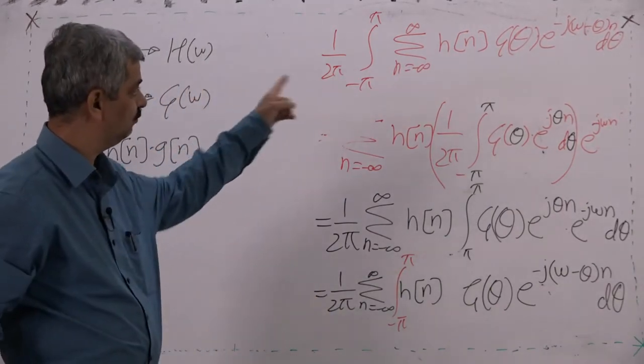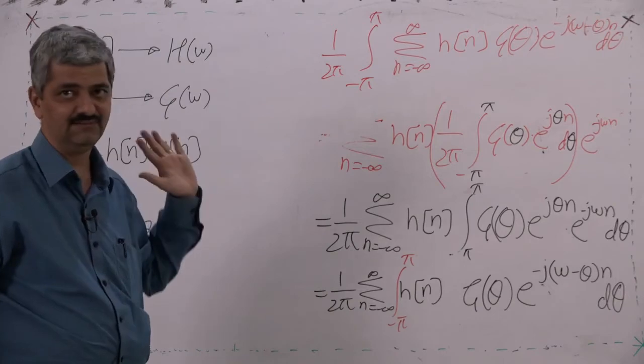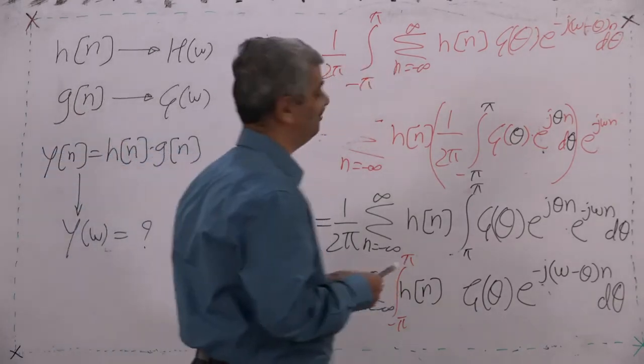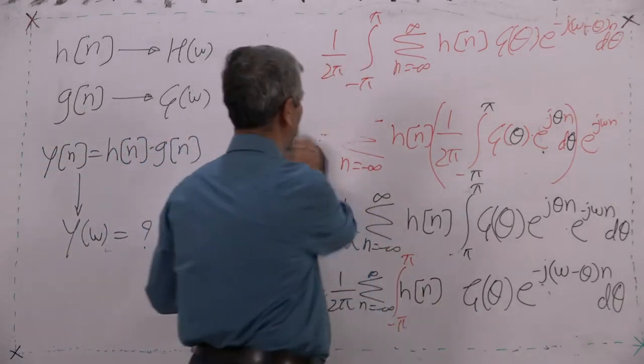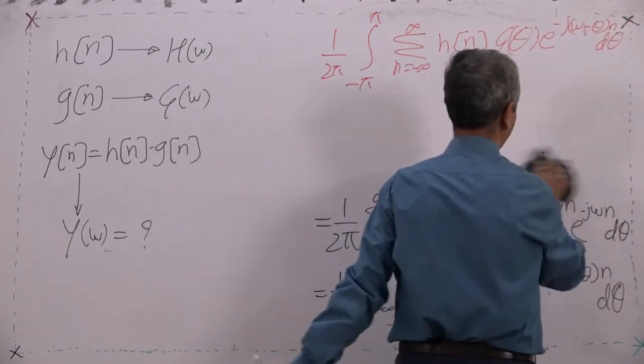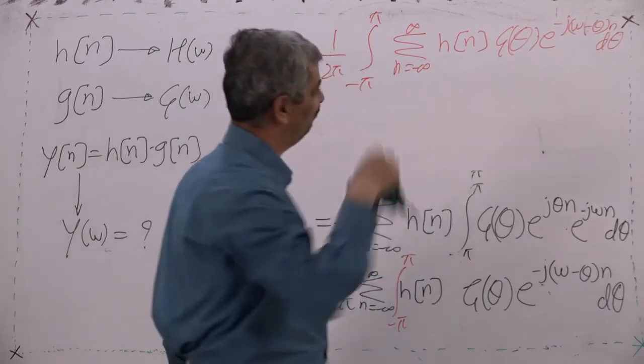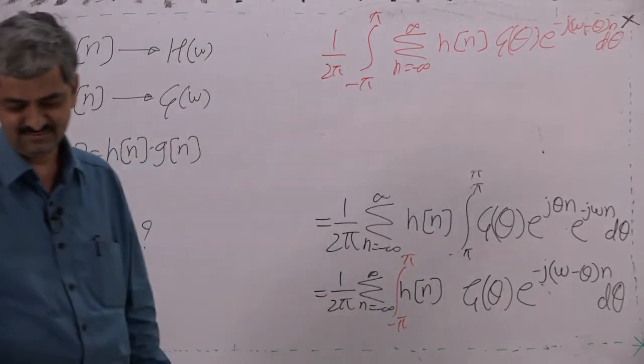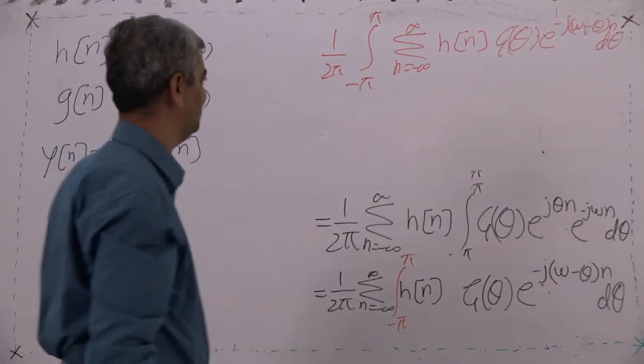So we need to go through this and find the final. Actually everything is very clear here, everything is correct, the answer is there, but we do not have that vision which sees the answer there.